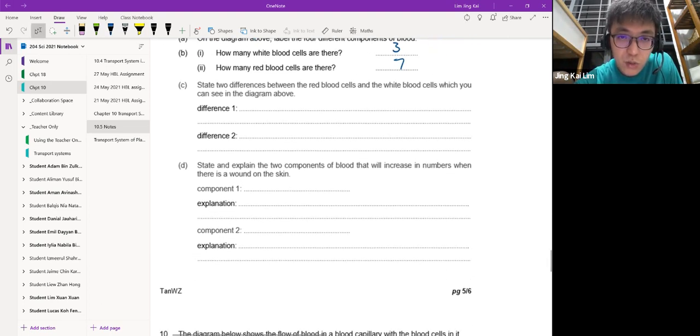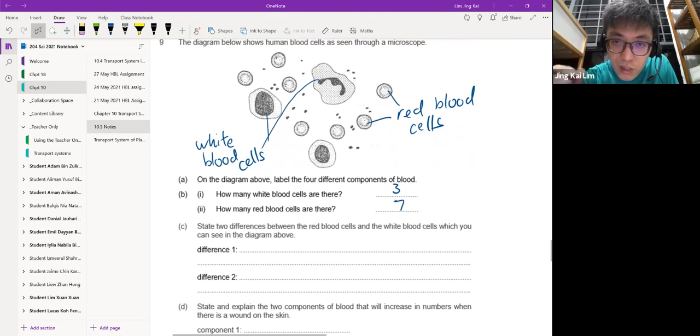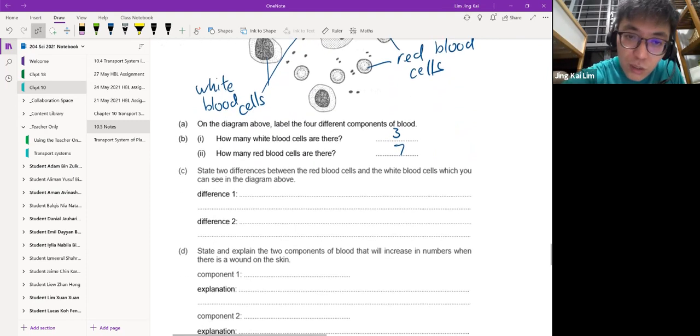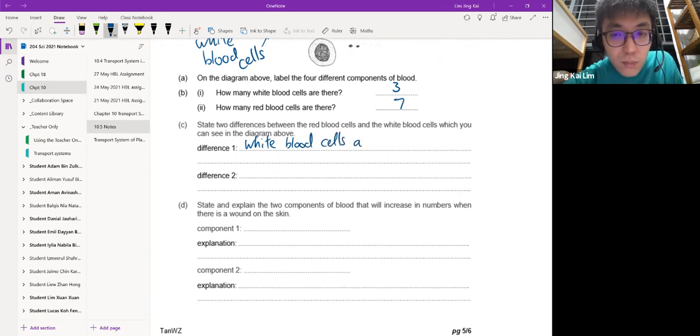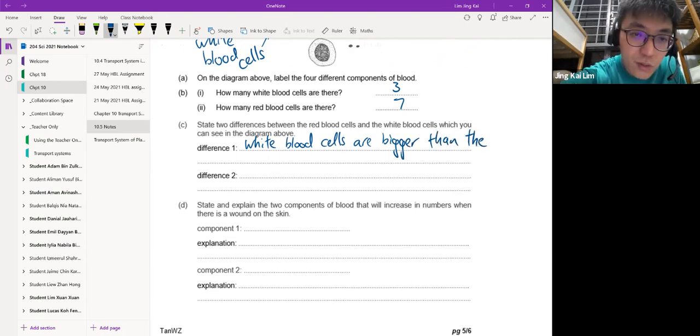So part C, state 2 differences between the red blood cell and the white blood cells that you can see above. Once you look at it very carefully, you can see that white blood cells are bigger than red blood cells. So there's actually a difference already. So that's what we can write. White blood cells are bigger than the red blood cells.